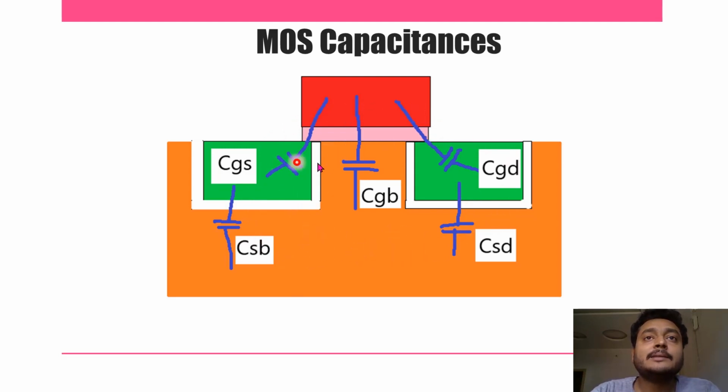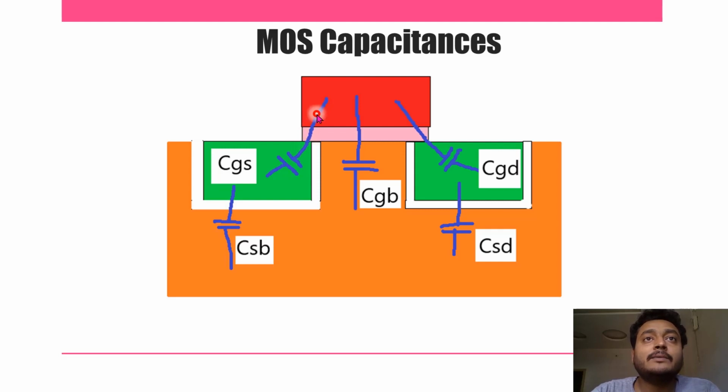Why do we get these capacitances? Because during the fabrication process, ideally you cannot get the source and drain exactly like this. Most of the time there is a chance of overlapping of the regions below the polysilicon, that is, the silicon dioxide surface.